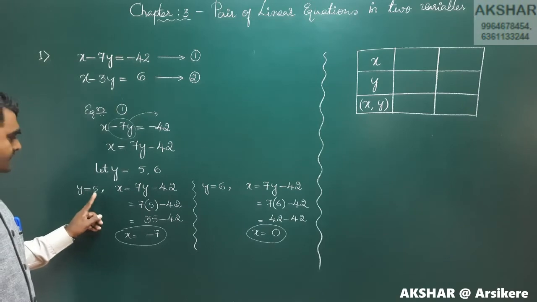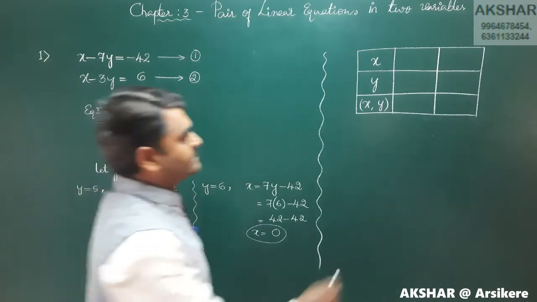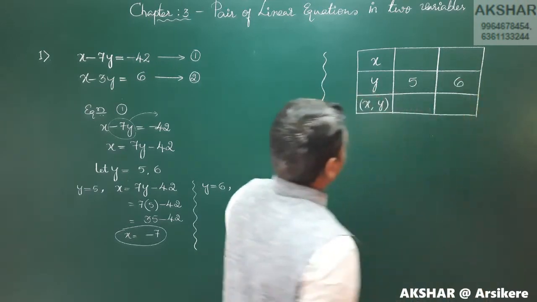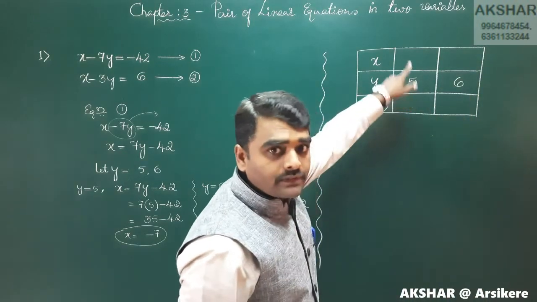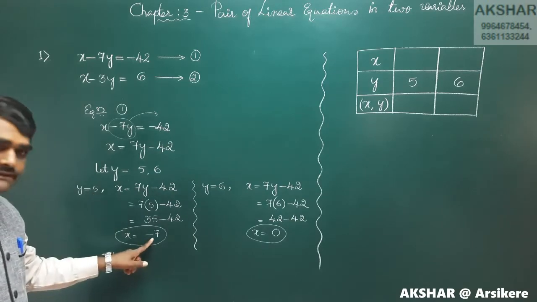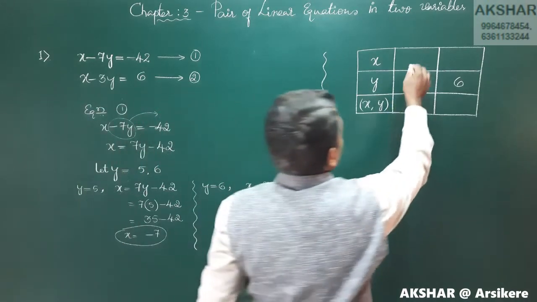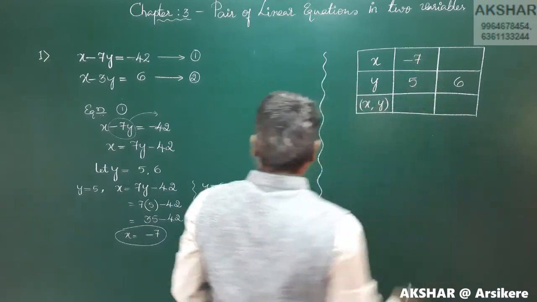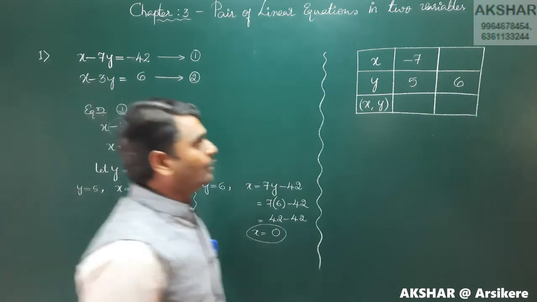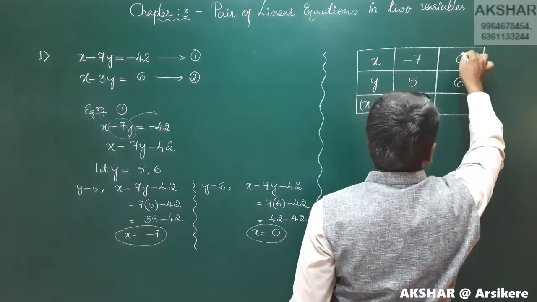Say y is 5 and y is 6. When y is 5, what is the value of x? That is minus 7. Exactly. When y is 6, what is the value of x? That is 0. Very good, my dear children.